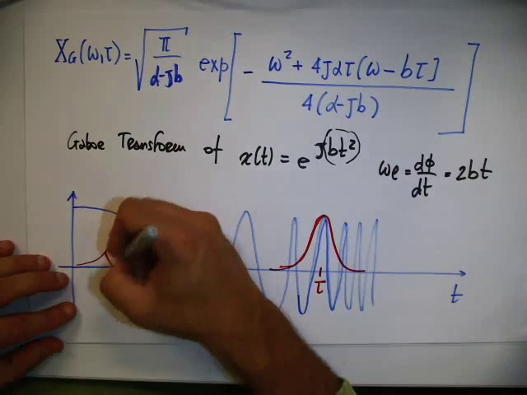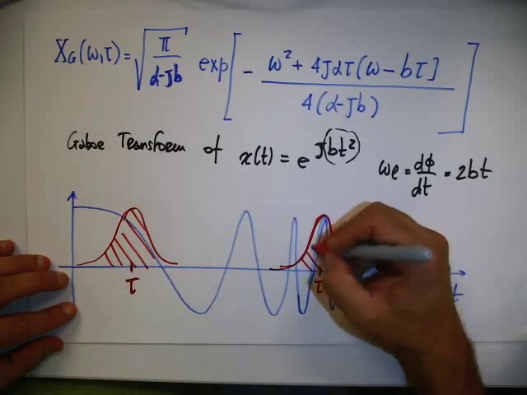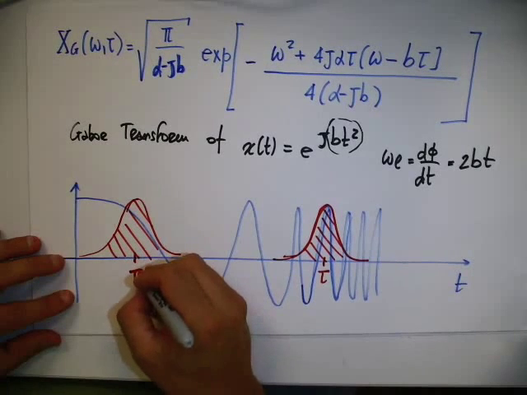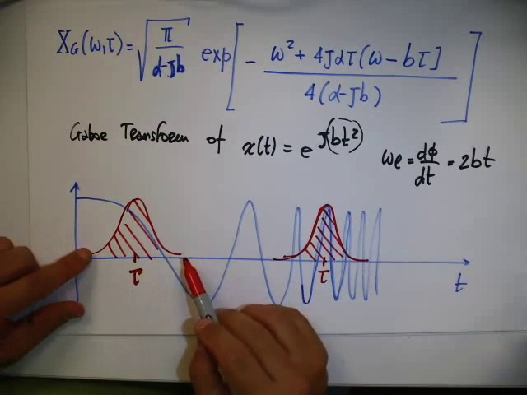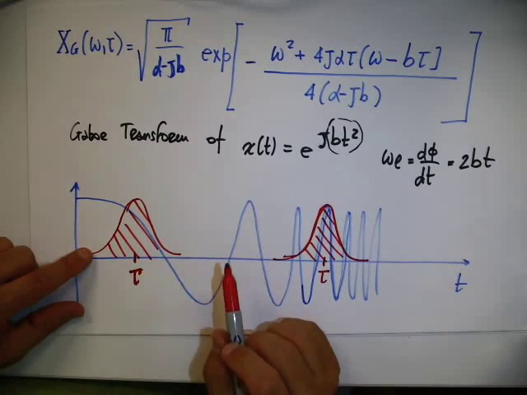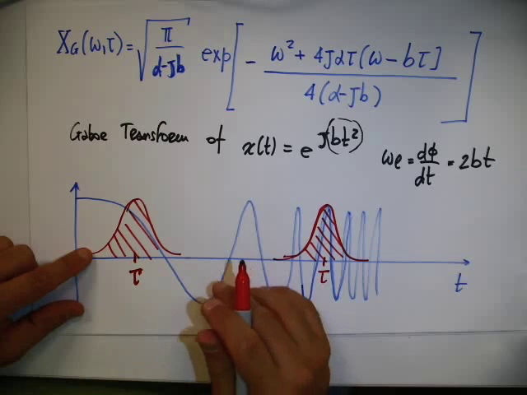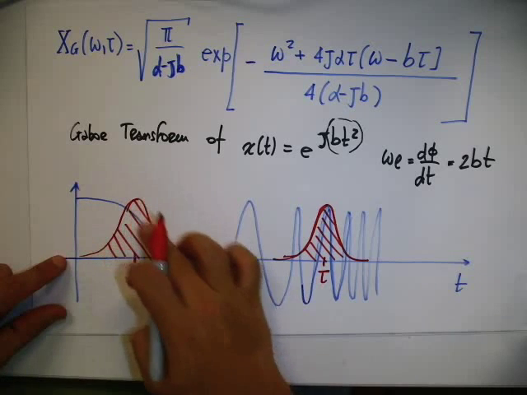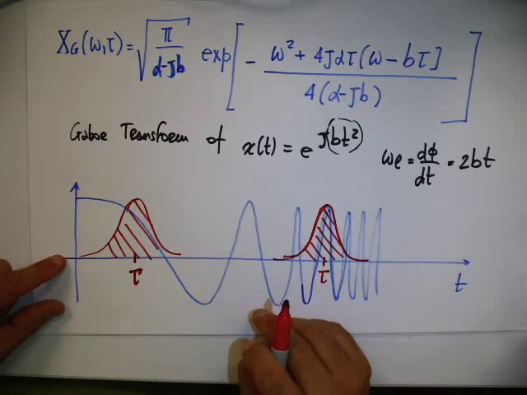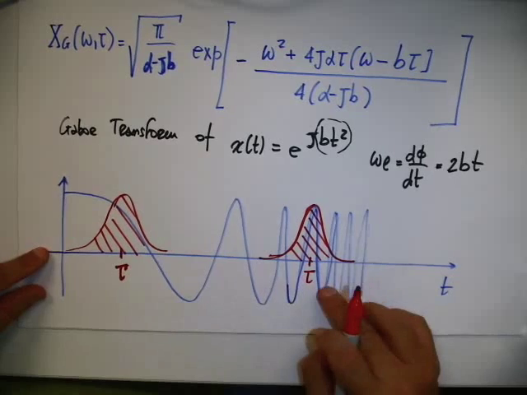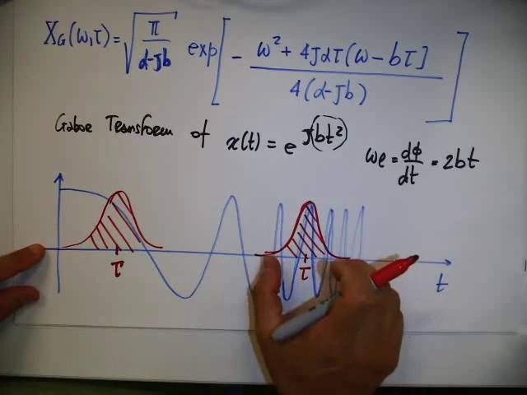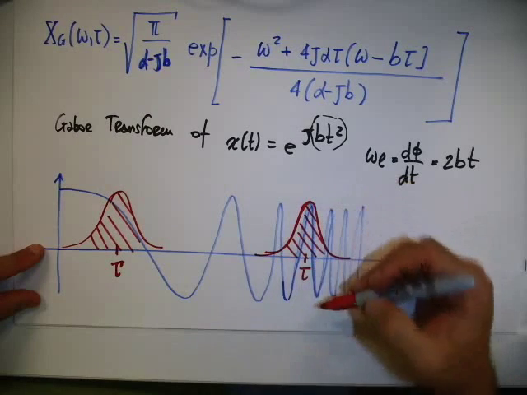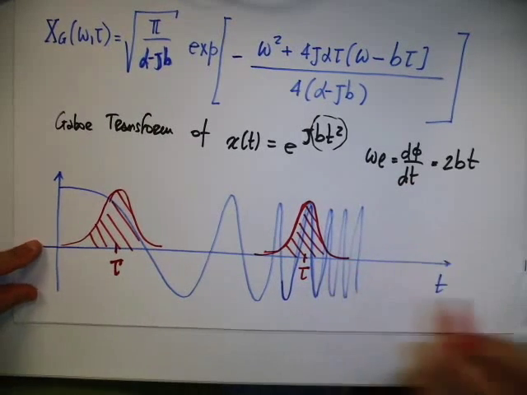Okay? So what happens is the following: for short times we will have bad resolution in frequency because the window is too short and is not able to detect the long frequency components. But when tau is very large, the window is large enough to be able to detect the fast oscillations.